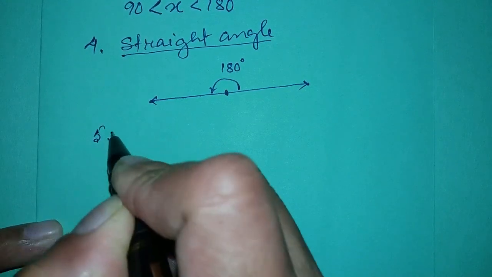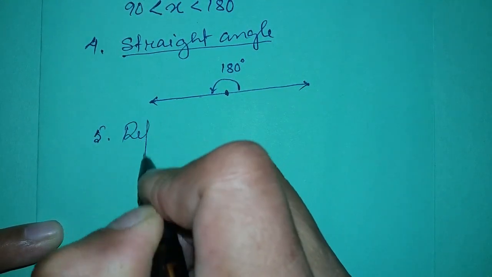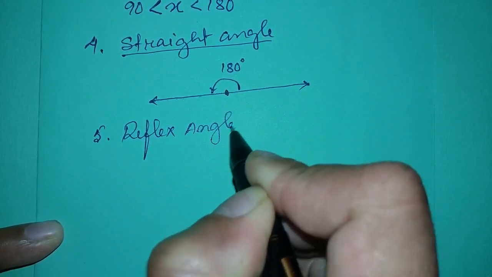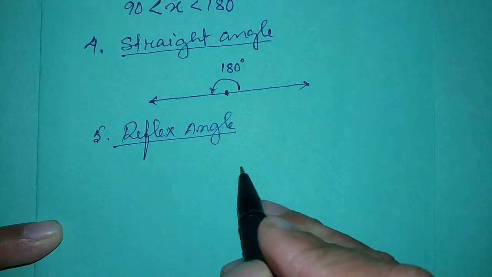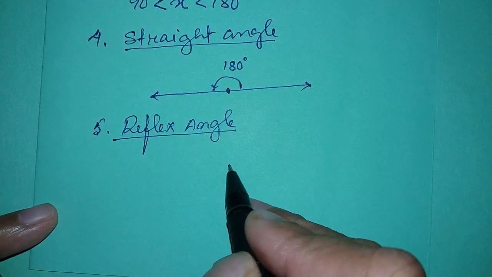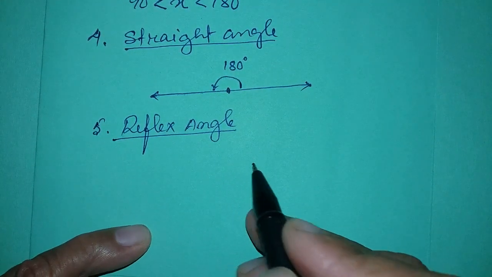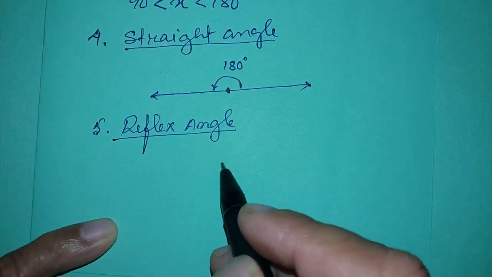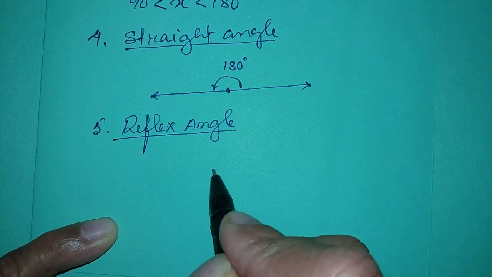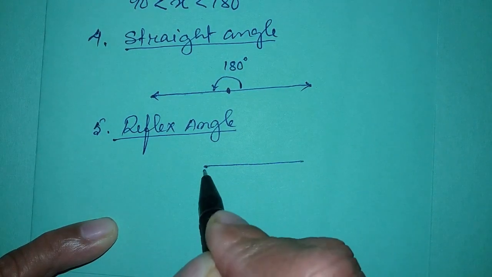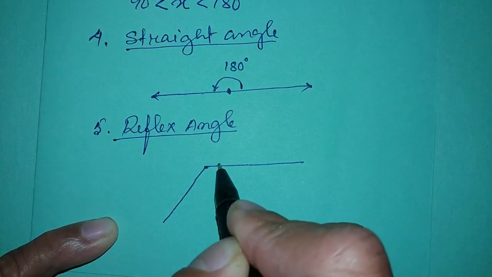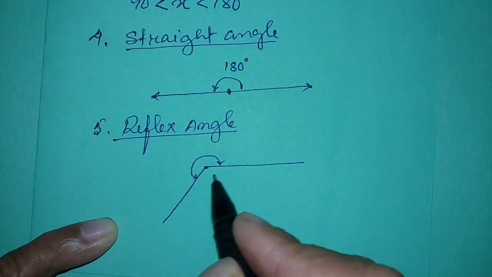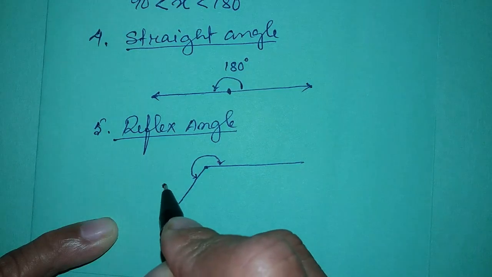Next is reflex angle. Now if an angle has a measurement of more than 180 degree but less than 360 degree, then that angle is called a reflex angle. Example is, let's say this is 210 degree.